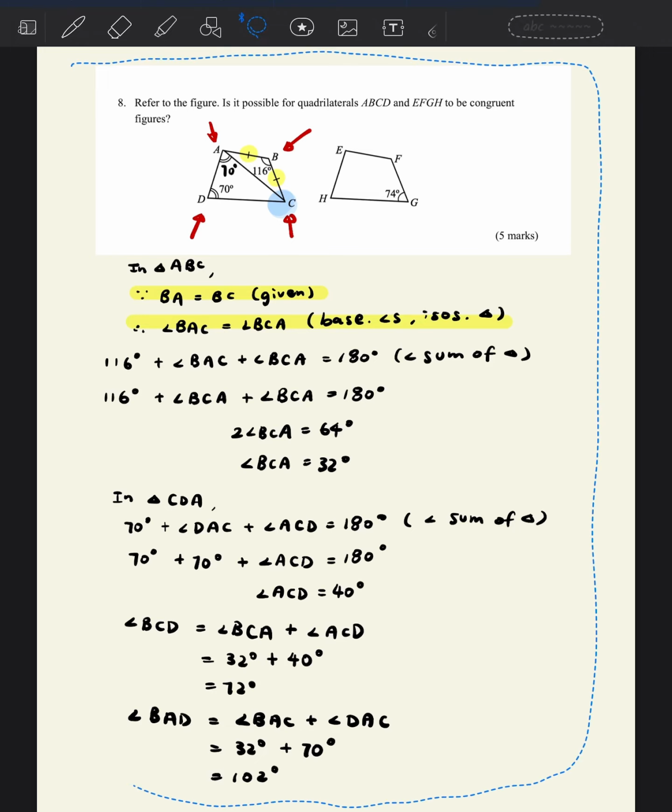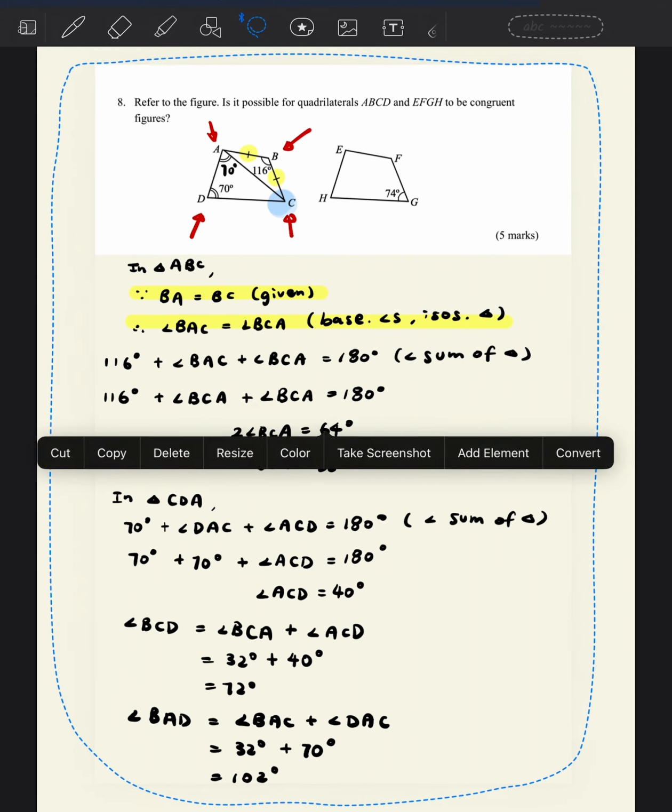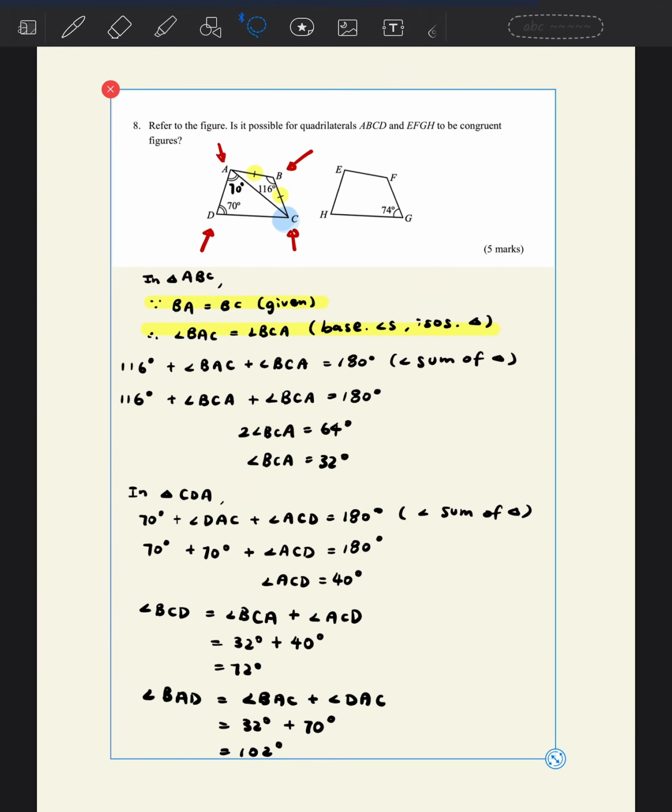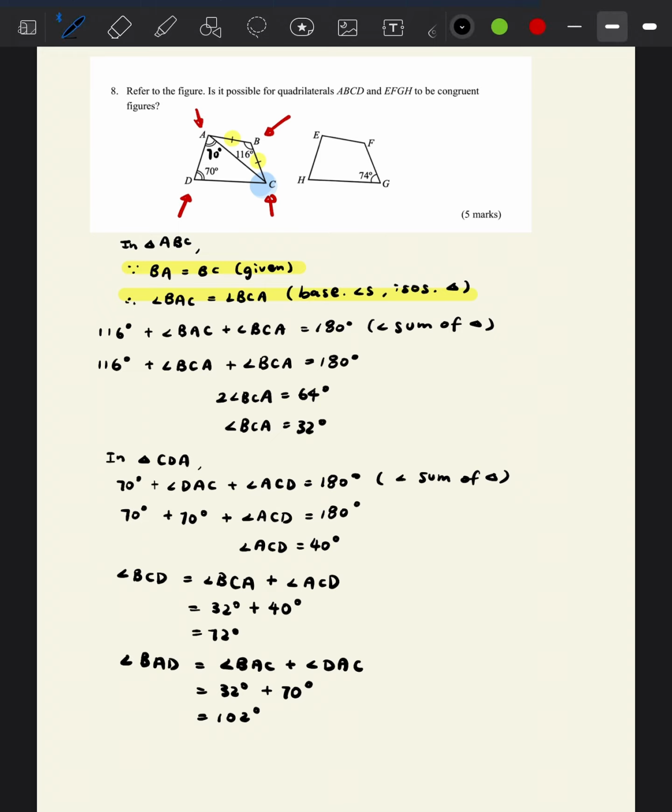So now in this case, you got all the angles in the quadrilateral ABCD. Then by comparing it to the quadrilateral EFGH, you can say that angle FGH is not equal to any angle of ABCD.